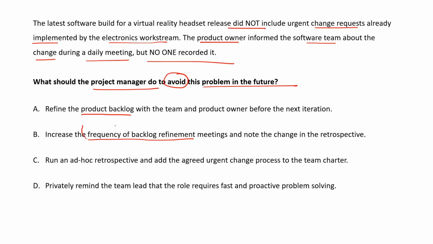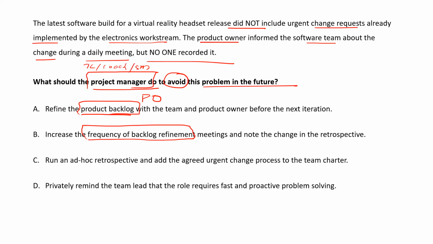These are the tasks of the same guy. And who's that guy? Product owner. So backlog is the task of the product owner. And the question is about the project manager, who is actually the team lead, right? What do we call it: project manager, team lead, coach, scrum master. These are all words for project manager.